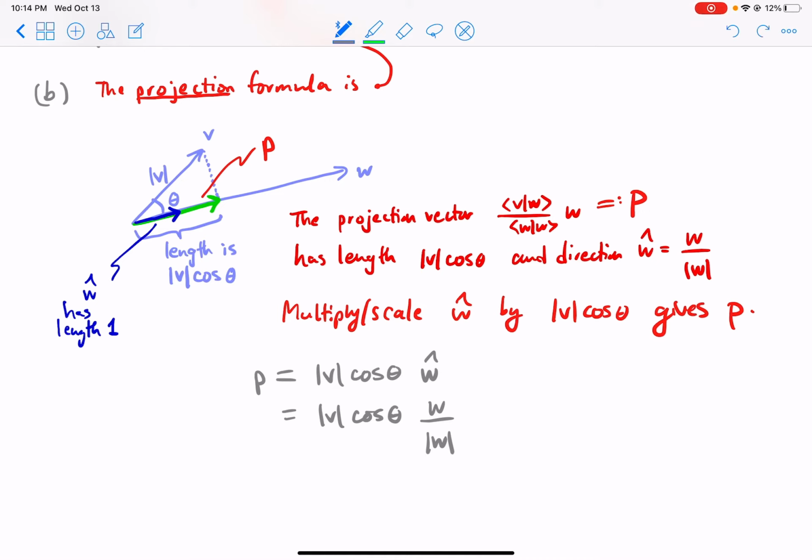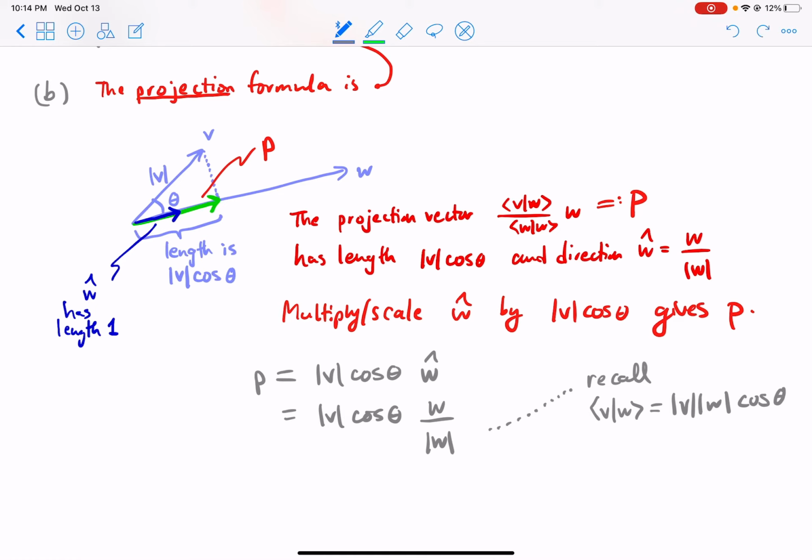And now, at this point, I recall that v dot w is equal to the length of v times the length of w times the cosine of theta. And I have a length of w, but it's downstairs, down in the denominator.